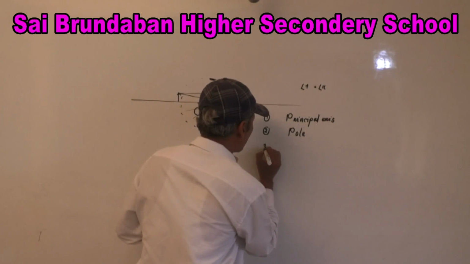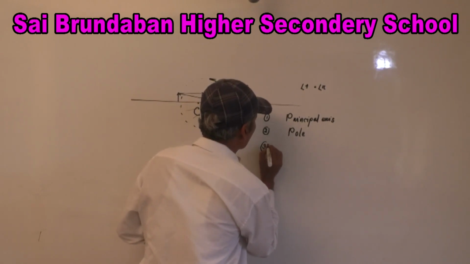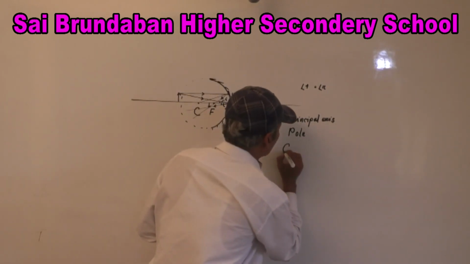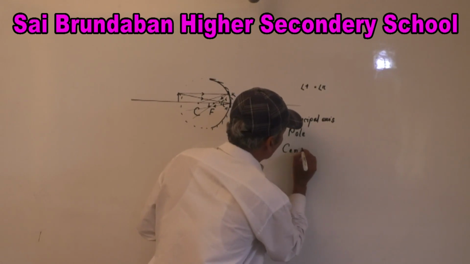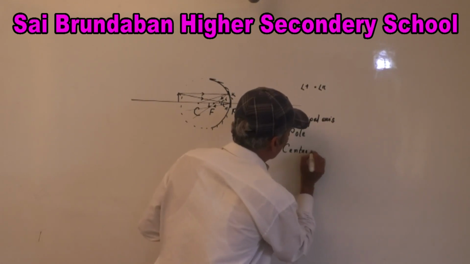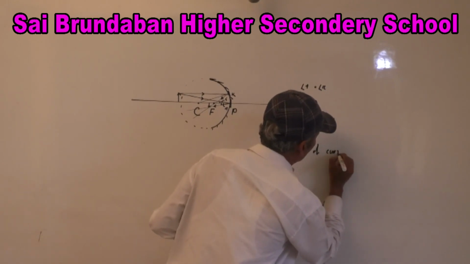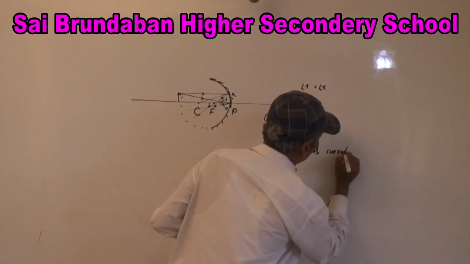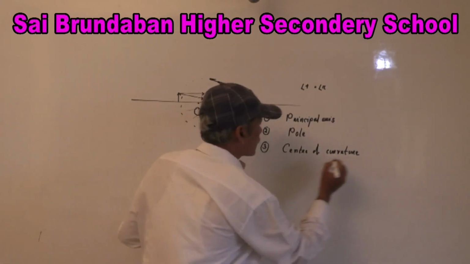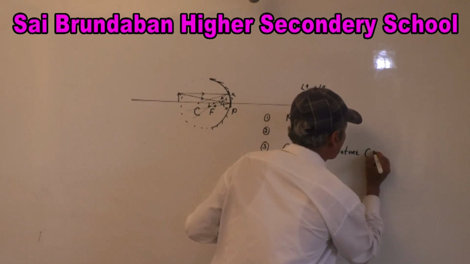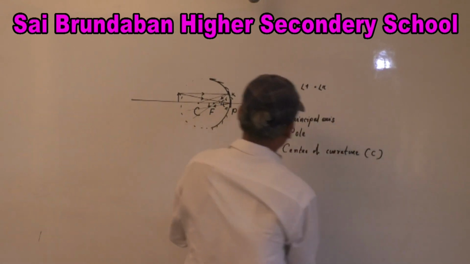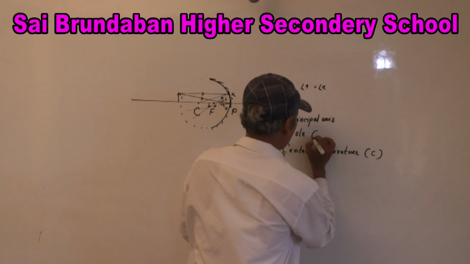Three, center of curvature. It is represented as C. This is represented as P.